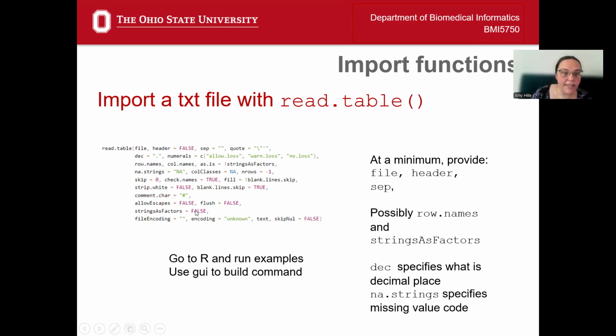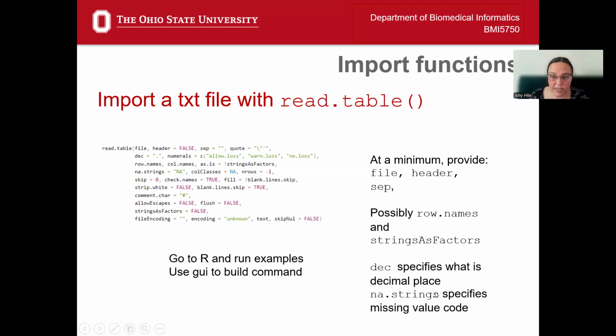So you might leave strings as factors as false, and then by hand choose which columns you want to turn into factors. DEC specifies what you're using as decimal place. I think in places like Australia, they use a comma instead of a decimal place.